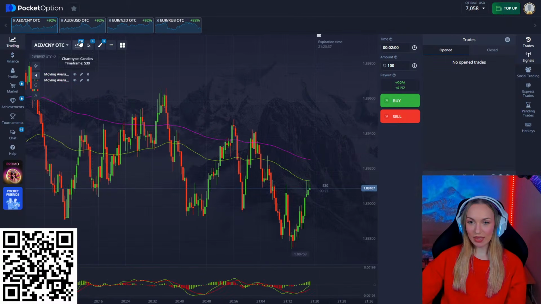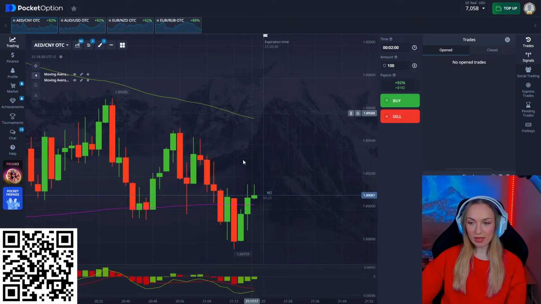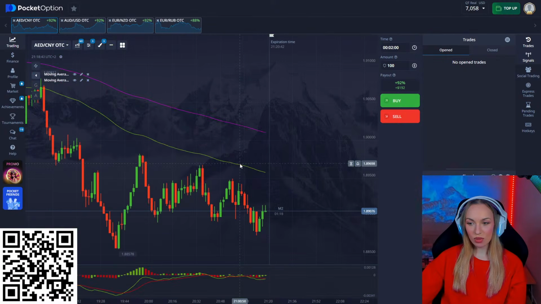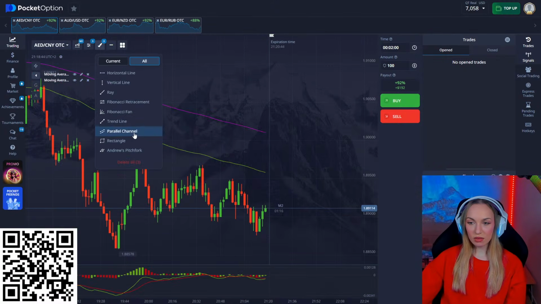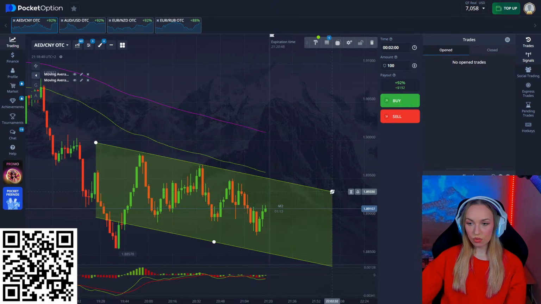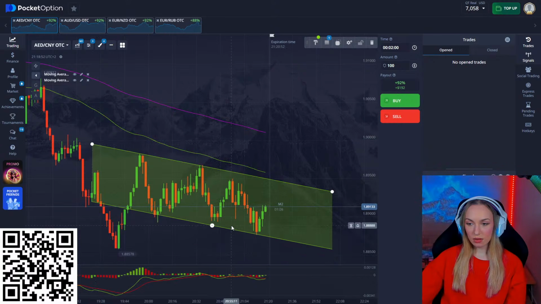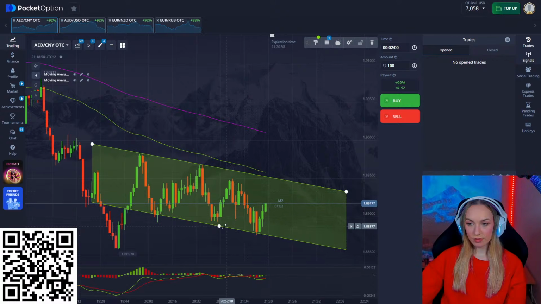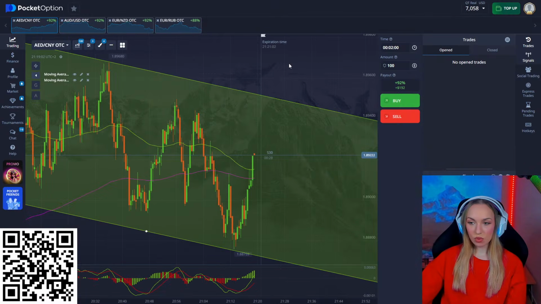Okay, what about ADCNY? It looks like it has a downward channel. Something like that. And maybe soon we will be able to open the trade in the downward direction.